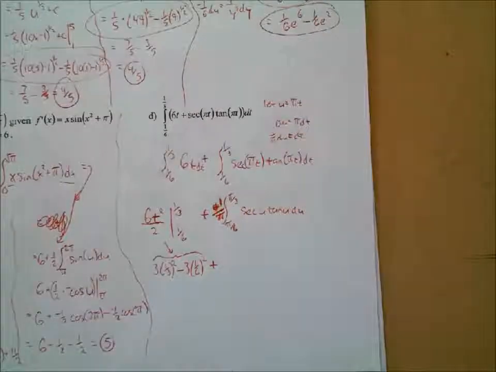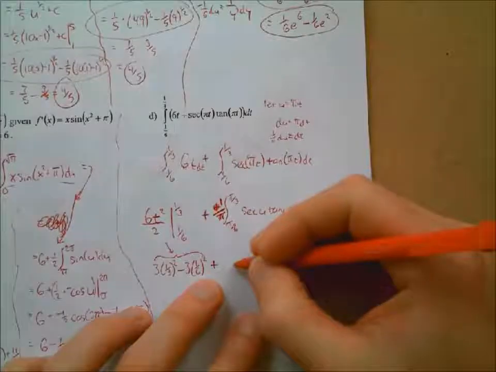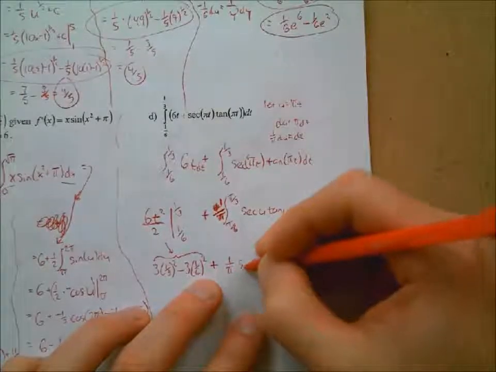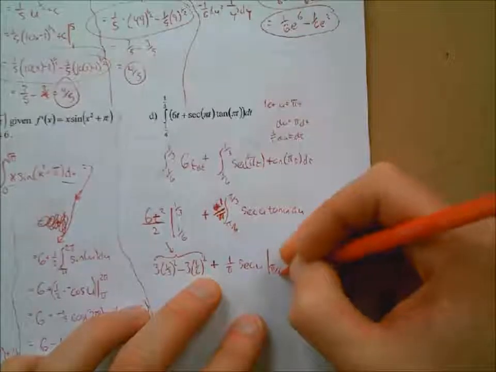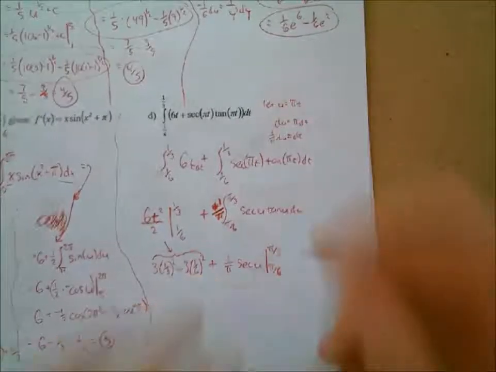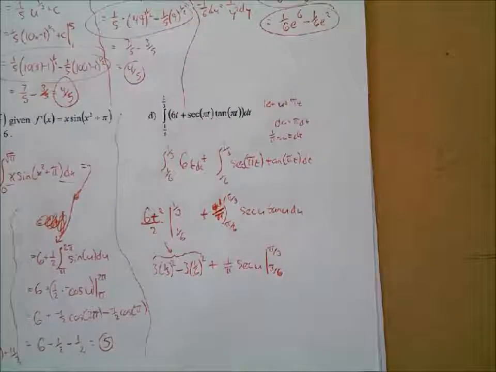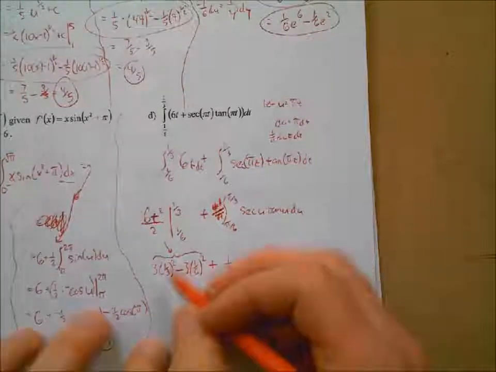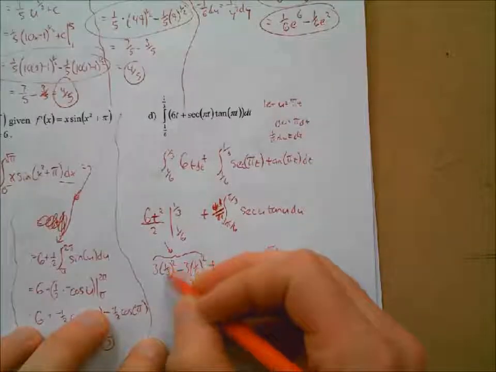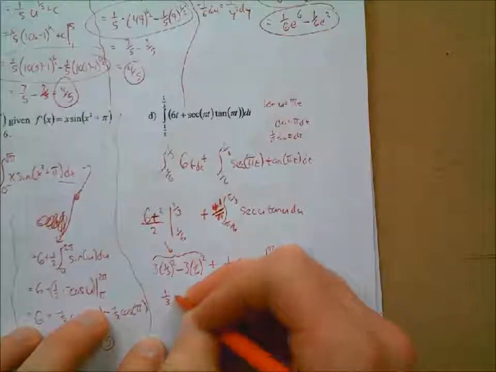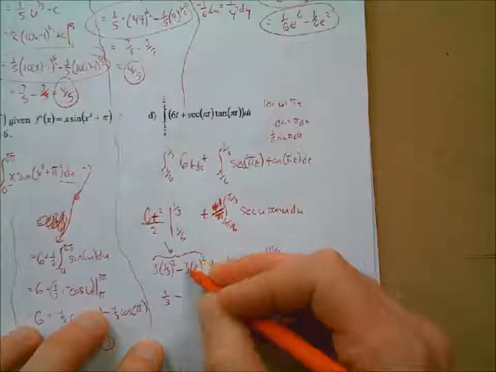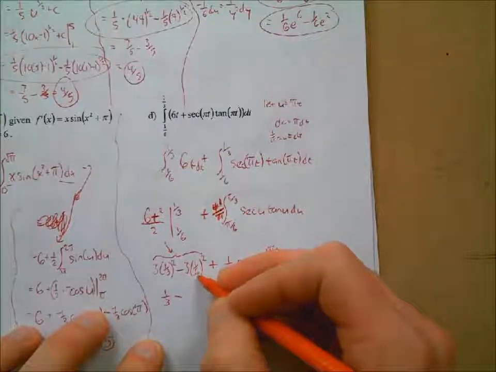The integral of secant u tangent u is secant of u, so 1 over pi, secant of u, and now this one will evaluate from pi over 6 to pi over 3. Okay, so we'll simplify this sum. 1/3 squared is 1/9 times 3 will be 1/3. 1/6 squared is 1/36, 3 times 1/36 is 1/12.